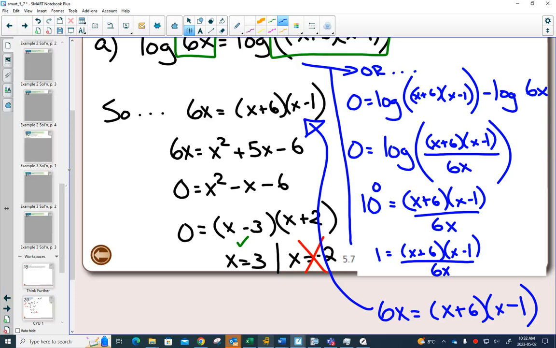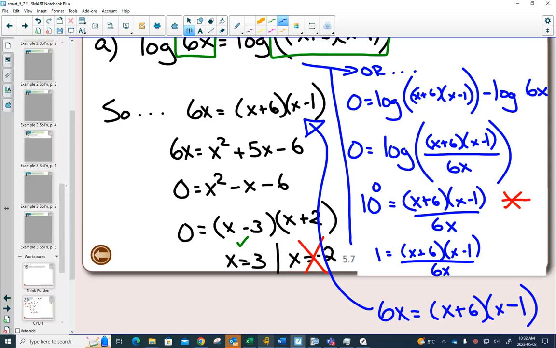In fact, the majority of log equations have to be solved by getting a single logarithm, using the definition to change it to exponential form, and then it turns into an equation you've solved before, and you can use your algebra skills from grade 10 and 11 to solve for x. In this case, we had to factor, solve a quadratic equation.